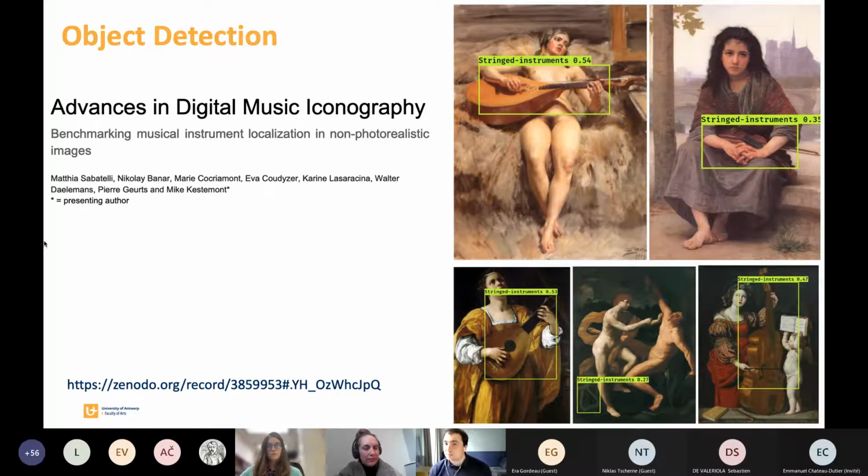This example is from a very interesting piece of research by new colleagues of mine at the University of Antwerp, who retrained an object detection model to identify stringed instruments in a large collection of paintings. Of course, you can imagine that you could apply this to all sorts of different objects, and it has been. For example, cars, planes. If you can think of an object, you can probably train an algorithm to recognize it in a large collection.